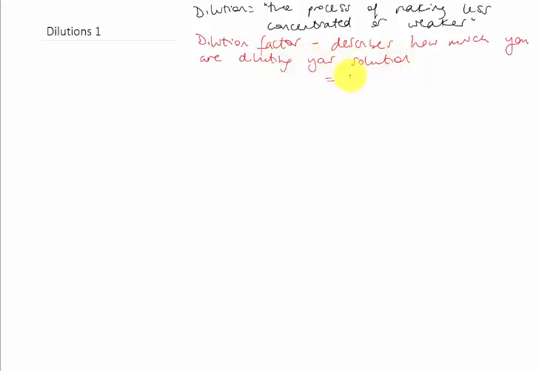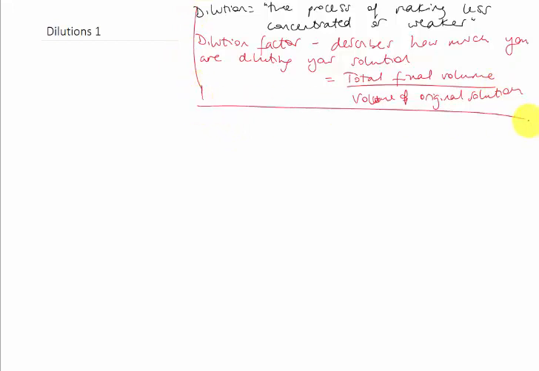So that is equal to the total final volume over the volume of the original solution. And we're going to need that dilution factor to calculate all sorts of things.